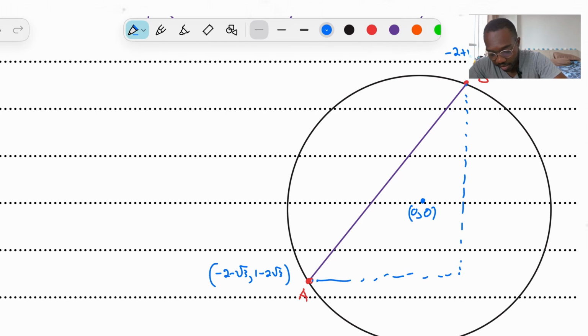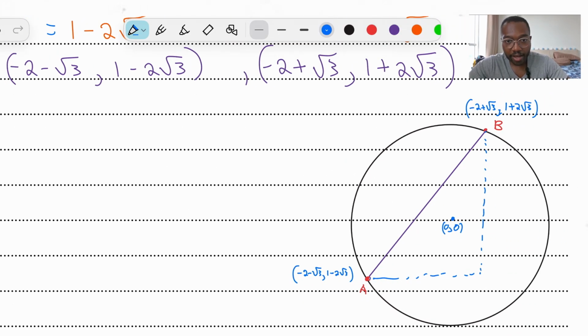So that was 1 plus 2 root 3. Let's start with the x values. We have minus 2 plus root 3, minus the (minus 2 minus root 3).